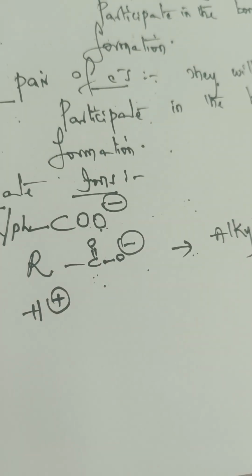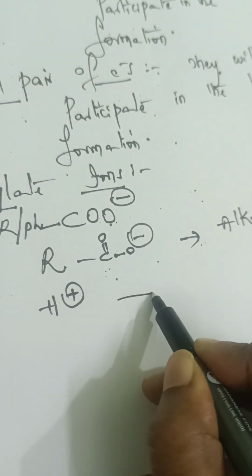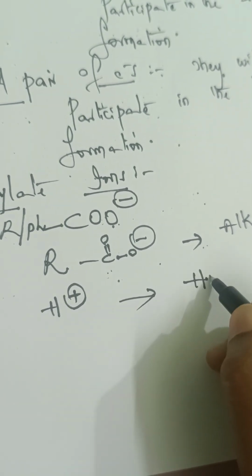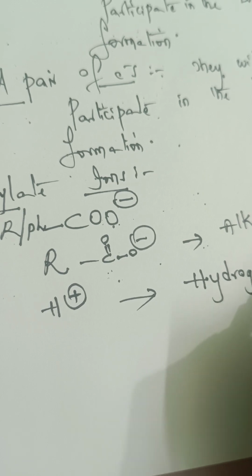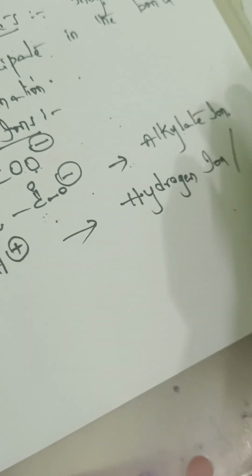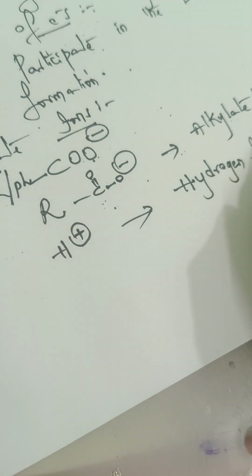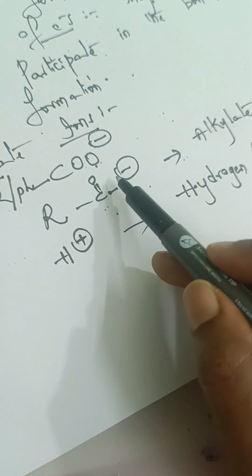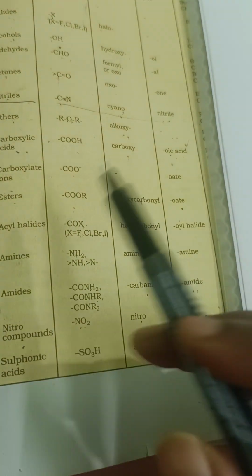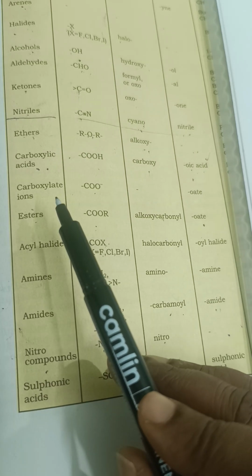The name of the H plus ion is hydrogen ion, or it can also be called a proton. If an alkyl group is not present, the general name given is carboxylate ion.